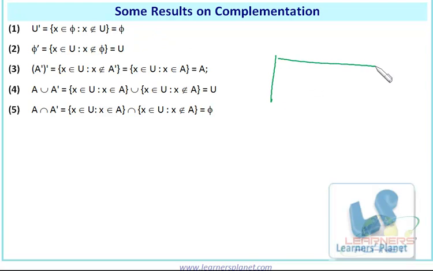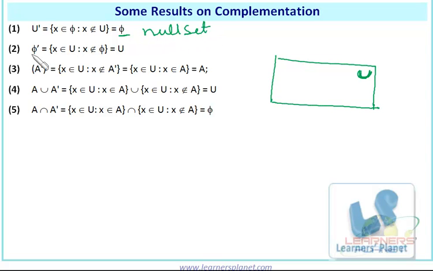U is the universal set, this entire set is actually U. So what is not there in U is actually phi, so that is always a null set. U dash is a null set because all the elements will be there in the universal set, and nothing will be there which is not in set U.